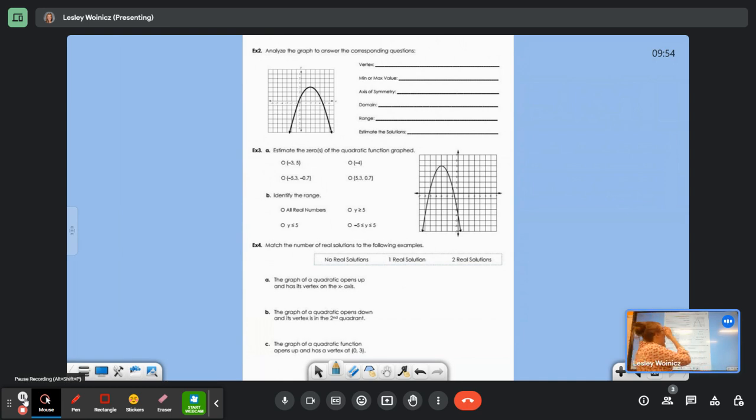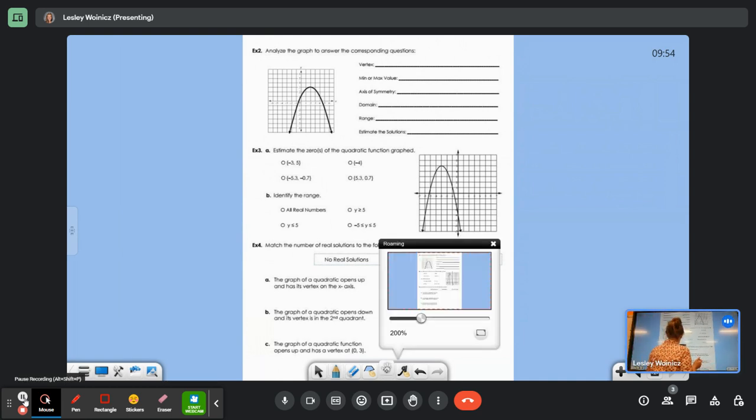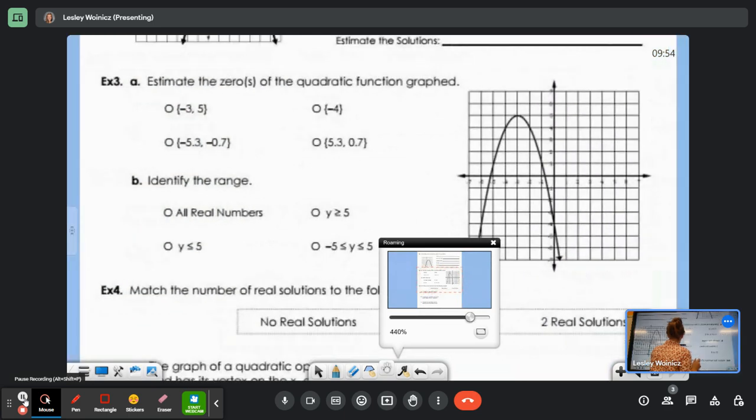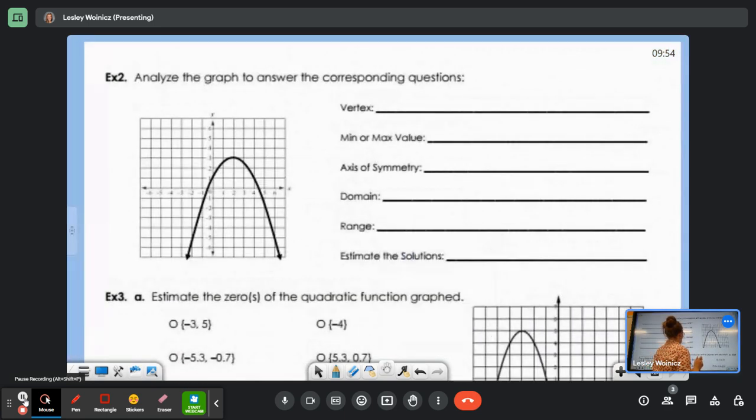Number 2 is just a review problem. We're going to go over some characteristics. This parabola has a vertex of 2, 3. It has a max value because it has a highest point instead of a lowest point.